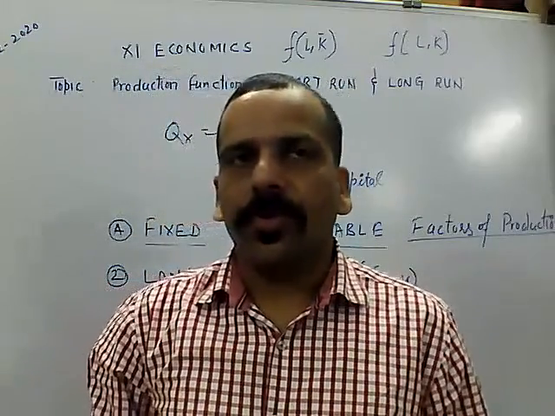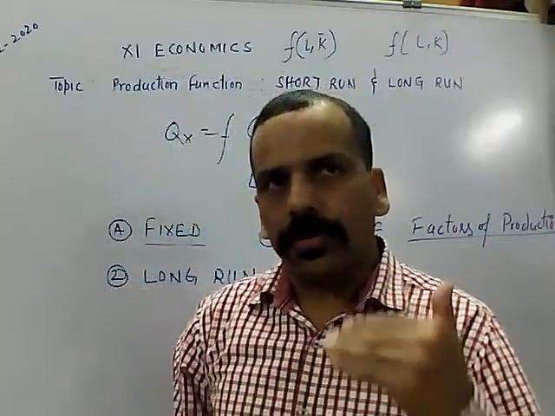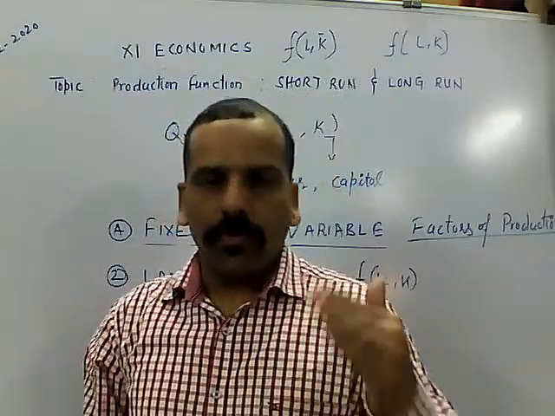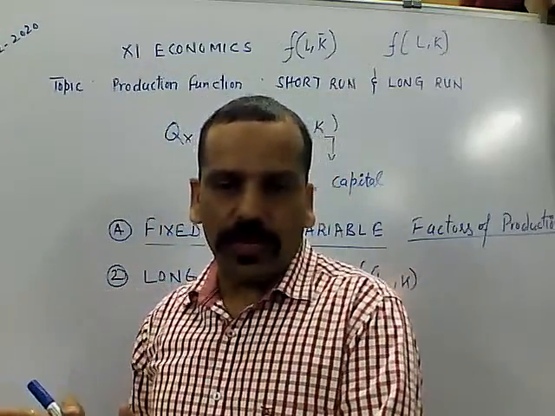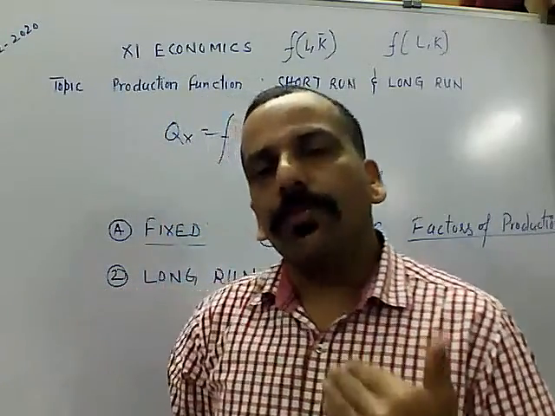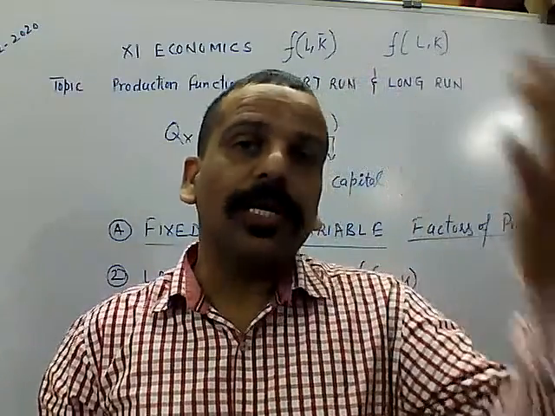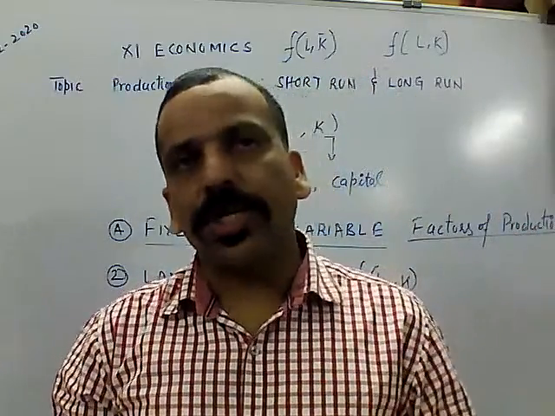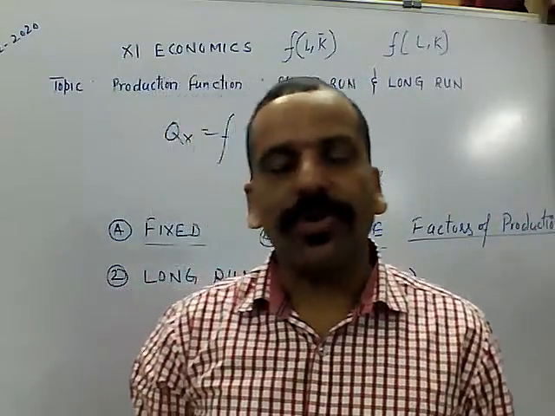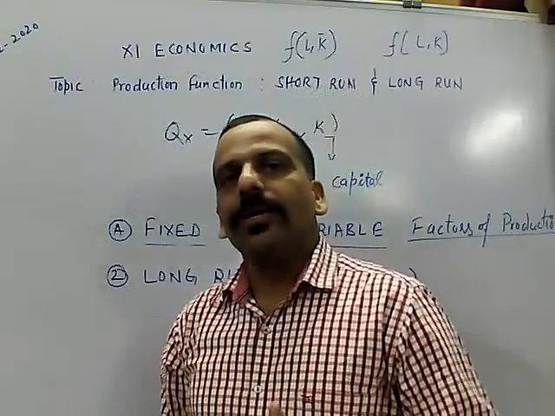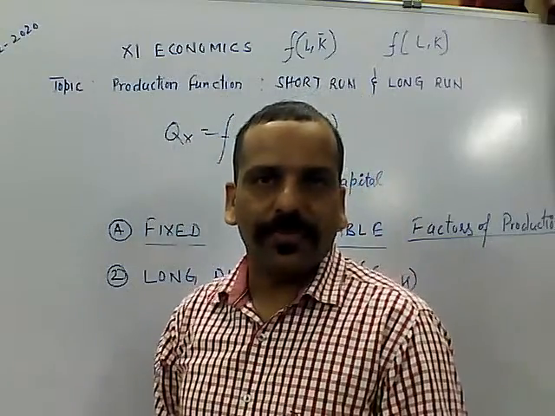Got it? So you have to go for a deep study of which machine is more suitable, and moreover capital keeps on updating, or we can say machine technology keeps on updating every day.